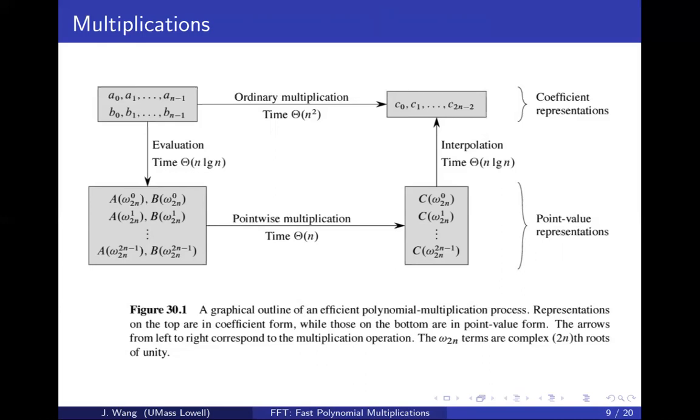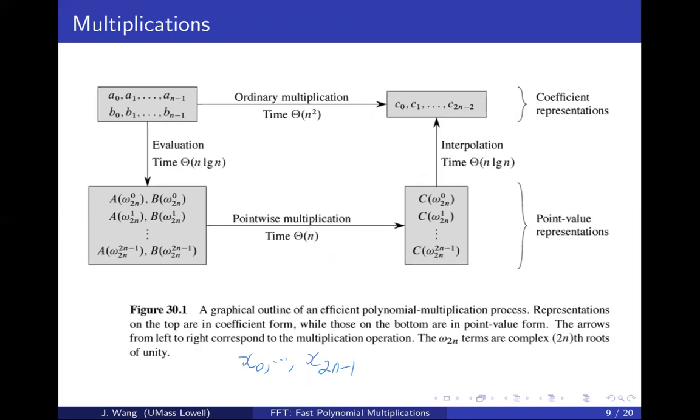It turns out that, as we did before, we can just pick some points differently, as long as they're distinct, then we can have point value representation and just do the multiplication of the values.